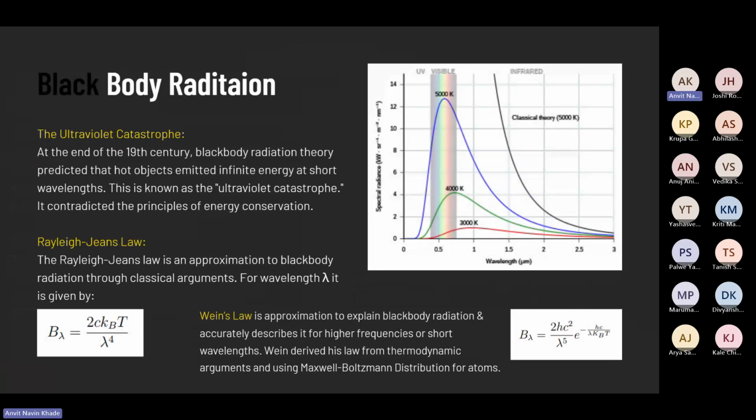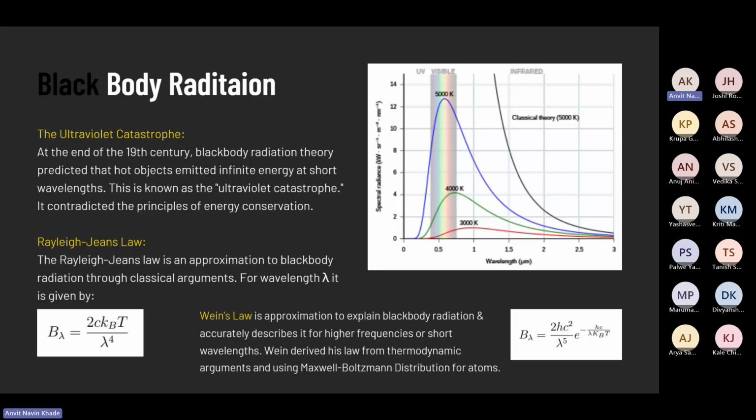According to classical blackbody radiation theory, hot objects should emit infinite energy at short wavelengths, which contradicts the principle of energy conservation, obviously. The Rayleigh-Jeans law is an approximation to the blackbody radiation through classical arguments, which fail to solve this issue. But what exactly is blackbody radiation?